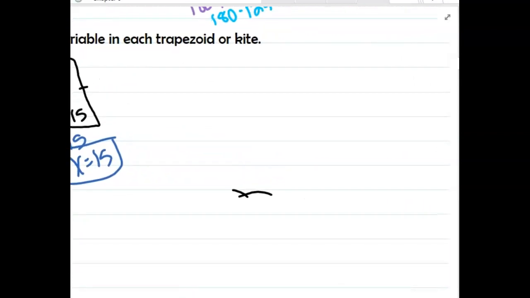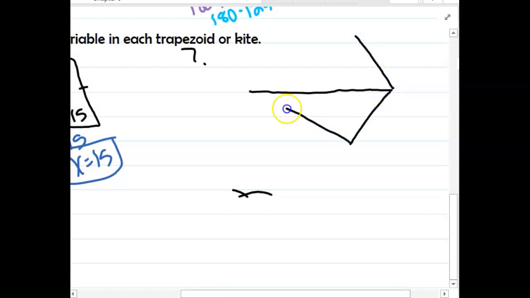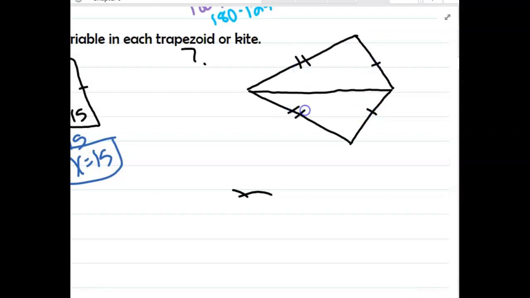Okay, so number 7 is going to be a kite, but for this kite we're just going to have one diagonal. But we still have those congruent sides.